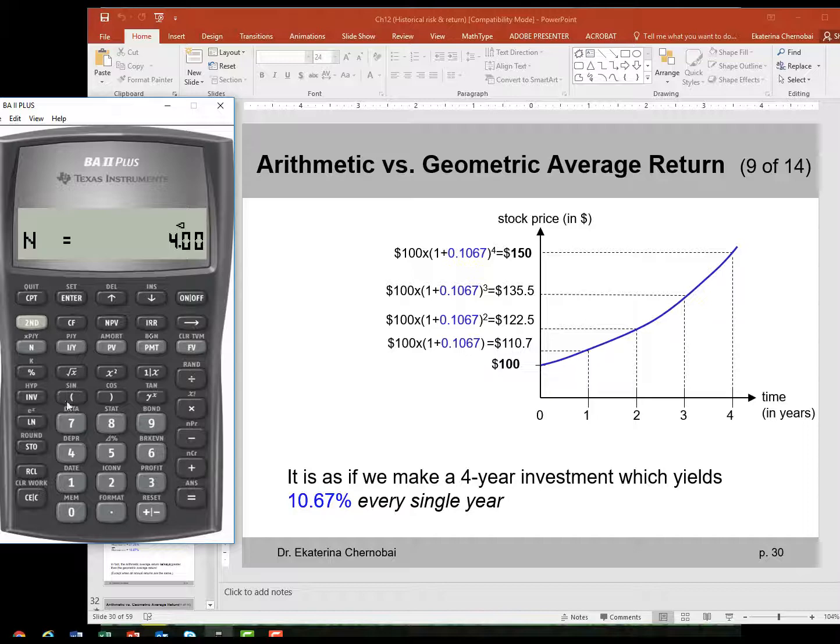That's right. All I need to do now is compute the interest rate. I press compute, IY, and that's my answer. 10.67% per year, right? That's what it all basically means, and that's how it all kind of comes together.